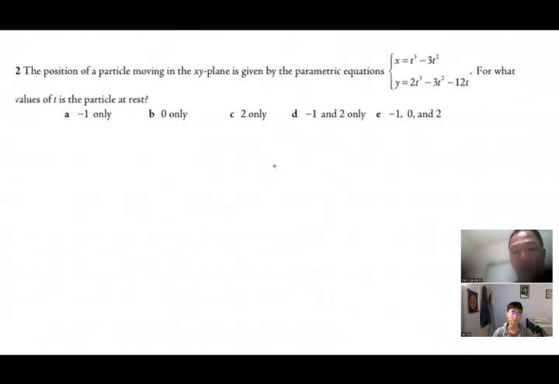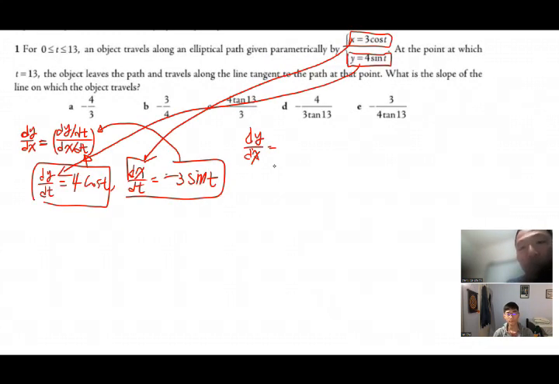Okay, so dy dx is minus 4 cosine t over minus 3 sine t. Now you want to find the value of dy dx, which is the slope of the line the object travels on. The given t is 13.